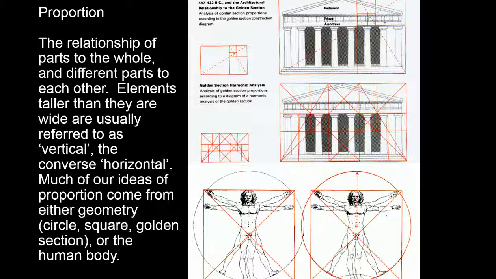All right, so proportion. I talked about the notion of proportion, and I think this is the Vitruvian Man, and how your body becomes the thing by which you measure other things.